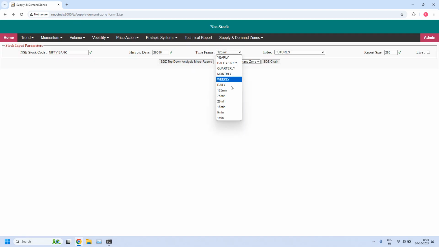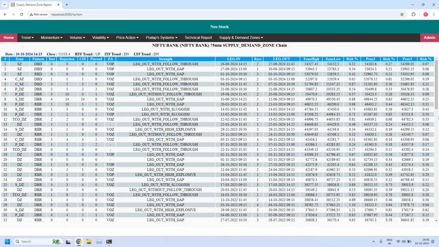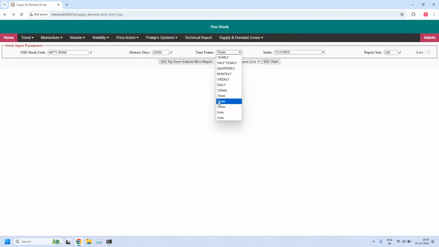Next time frame is 75 minutes, generating 75 minute supply demand zone chain for BANKNIFTY. Next time frame is 25 minutes, generating 25 minute chain for Bank Nifty.